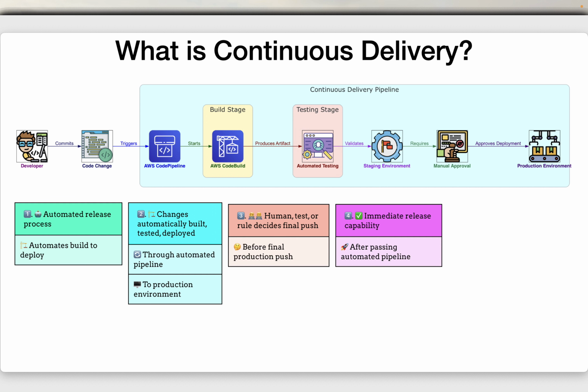With continuous delivery, every successful software change has the potential to be released to production immediately after passing through the automated pipeline. Although continuous delivery enables immediate releases, not all changes need to be pushed to production right away, which allows for flexibility in the release schedule.